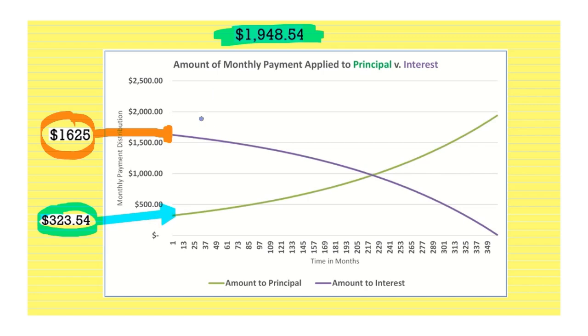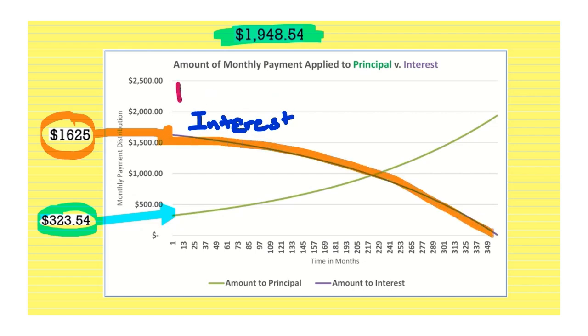So this top line is the interest. This is the interest line. That looks funny. Yeah, I think it's spelled right. Okay, so this entire line up here is the interest line. And if you notice, it starts high. The amount of interest at the beginning of the loan is very high.